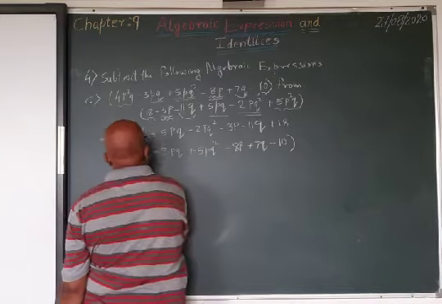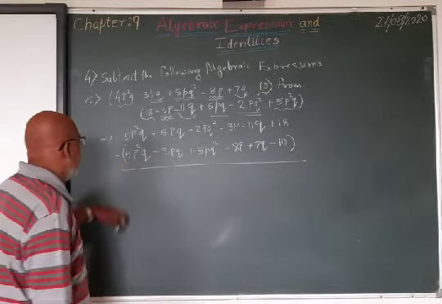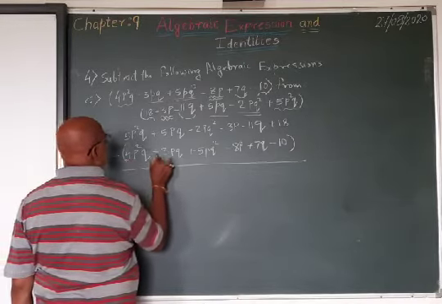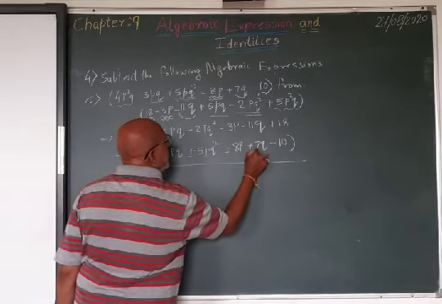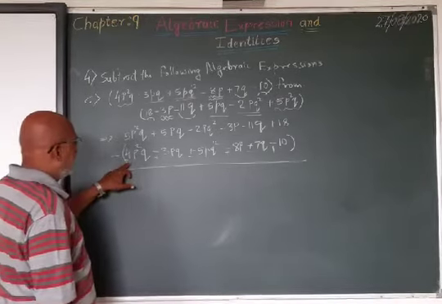When this is subtracted, obviously minus plus becomes minus. So the signs change: minus, plus, minus, plus, minus, plus. Now we have to consider these below signs.